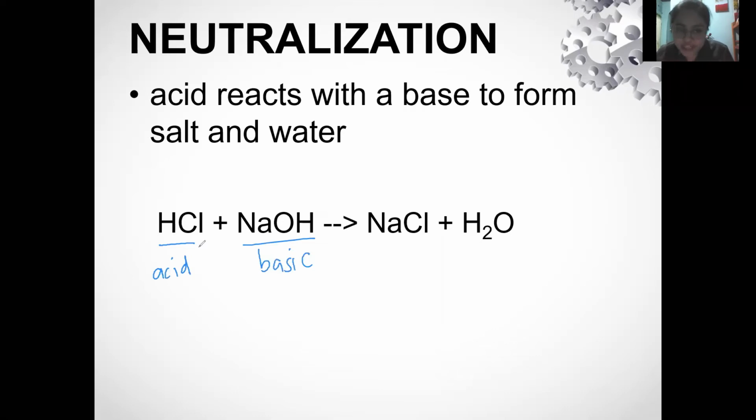Yung makukuha mo, you have here sodium chloride. And then this is well known as your salt. And then you have here water. So all in all, we call this neutralization. Ayan, this is a process involving chemical change.